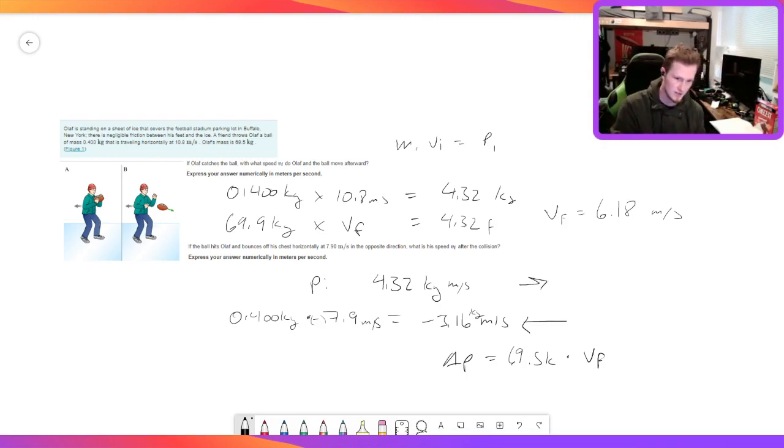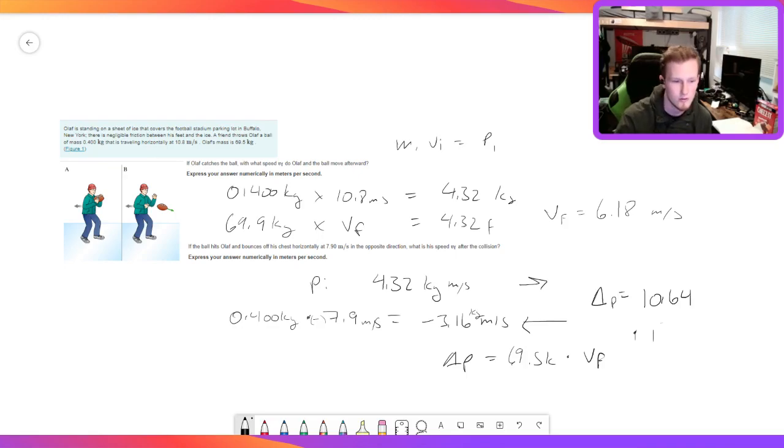So it's actually going to be the delta, the difference between those, which is 7.48 plus 3.16. So we have a delta P value, basically the absolute value of the difference between those two. Delta P is going to be equal to 10.64 in this case.